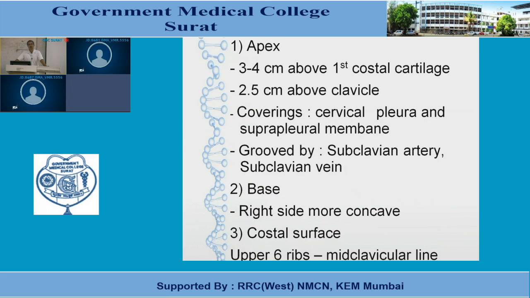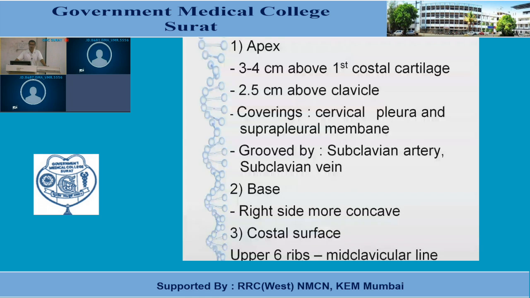Apex is a part of lung which lies near about 3 to 4 centimeter above the level of first costal cartilage, and it is covered by pleura. And just above this pleura, there is presence of suprapleural membrane. In relation with clavicle, it is near about 2.5 centimeter above. This is apex.